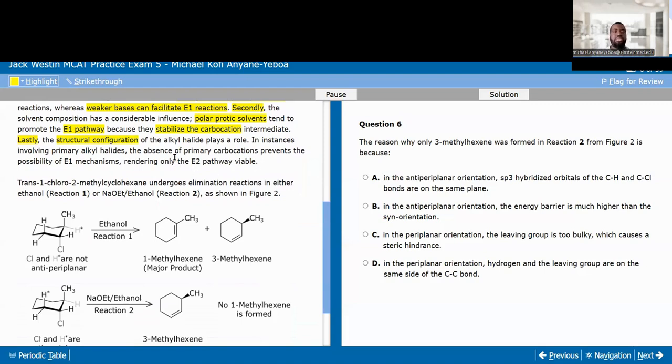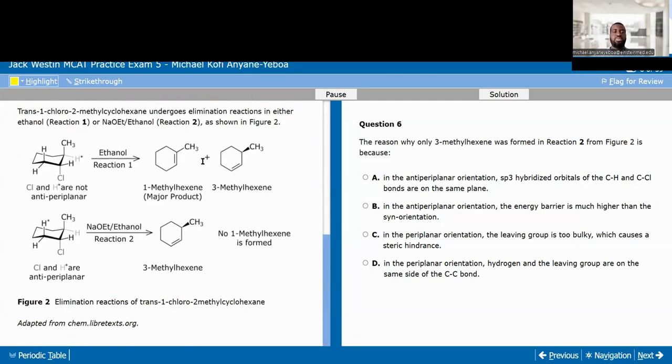In other words, if the halide is going to form a secondary or a tertiary, it's probably going to favor the E2 pathway. So absence of a primary carbocation favors the E2 pathway. I'm just going to highlight these because I know it means this favors the E2 pathway.